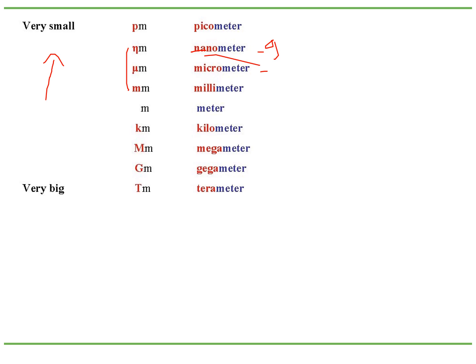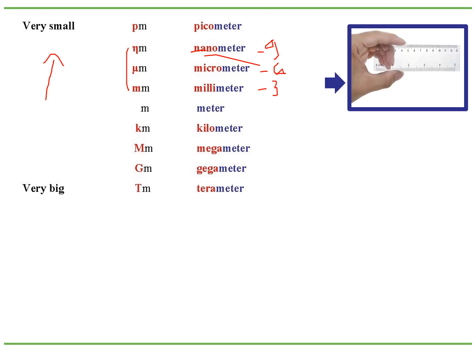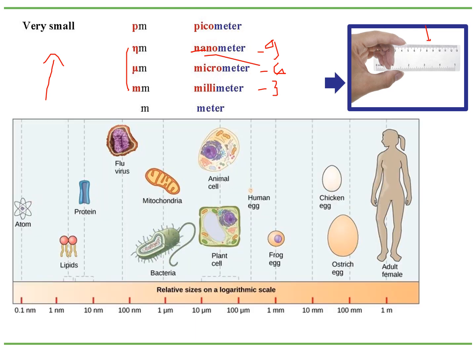Micrometers, that we talked about in the previous slide, that is 10 raised to the power of -6. And this one, raised to the power of -3, is the millimeter, that I'm sure you're aware of because you have it in your rulers, in the tiny divisions between centimeters. Okay, the other ones we generally don't use in cell biology.